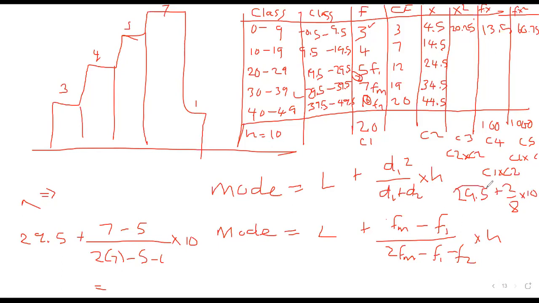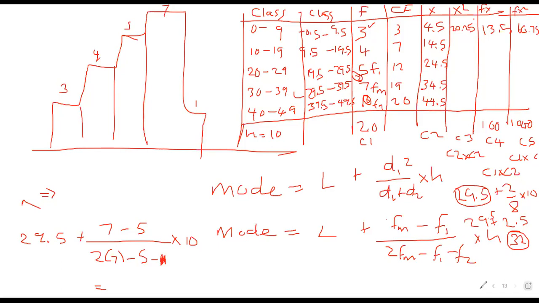Don't touch this until you rectify this issue. 2 times 10, 20. 20 divided by 8 is 2.5. So here 29.5 plus 2.5 will give you 32. The same answer is what you would get if you do it the other way around.